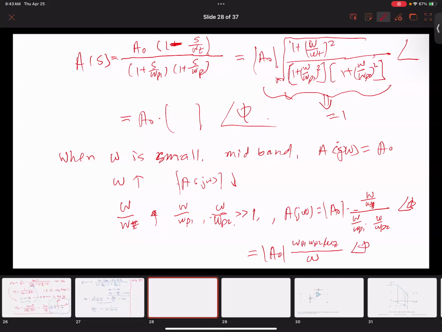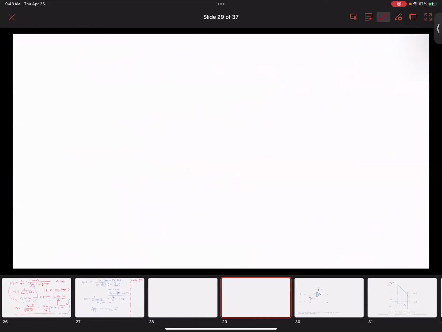So your gain will actually decrease as omega increases. So when your A decreases, this is what will happen.